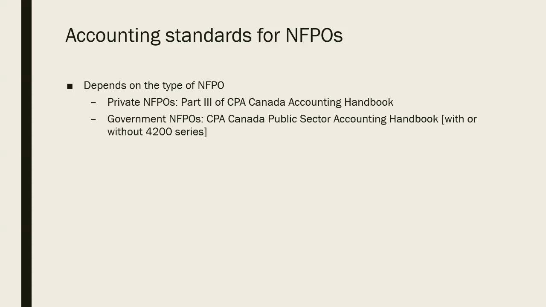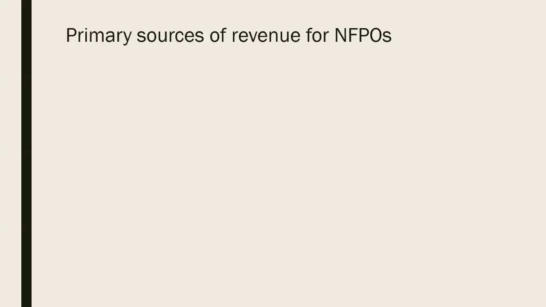Now, government not-for-profit organizations must follow the CPA Canada Public Sector Accounting Handbook. And they may do so with the 4200 series or without the 4200. More on this later on. Primary sources of revenue for not-for-profit organizations, we've briefly alluded to them.